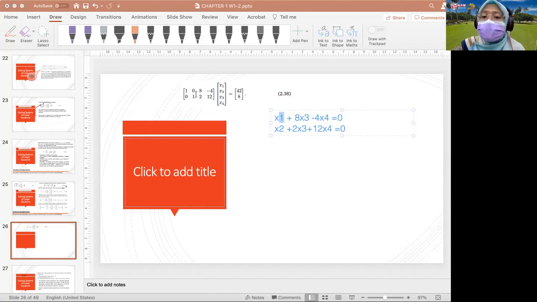But if you look into the third and the fourth column here, then we can call this column and this column a free variable. Okay, there is no issue with our x1 and x2.